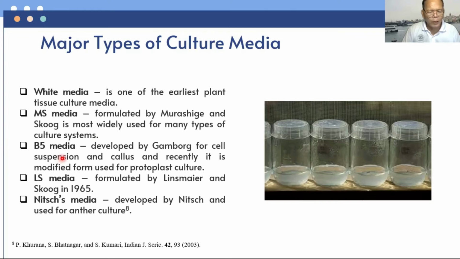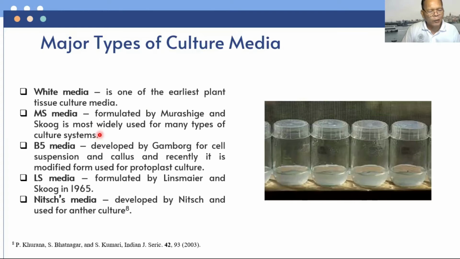The second is MS medium. MS medium, formulated by Murashige and Skoog, is most widely used for many types of culture systems. This medium is used to induce organogenesis, callus culture, micropropagation, and cell suspension. The next is B5 media.